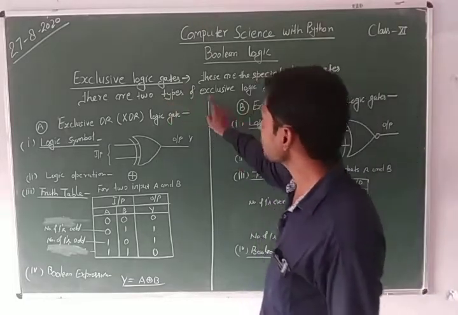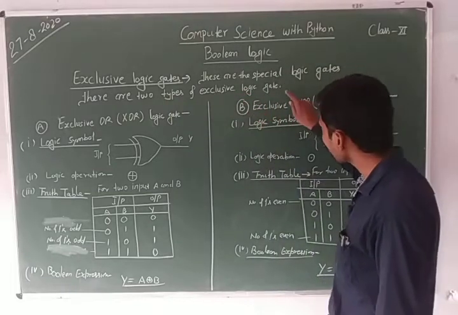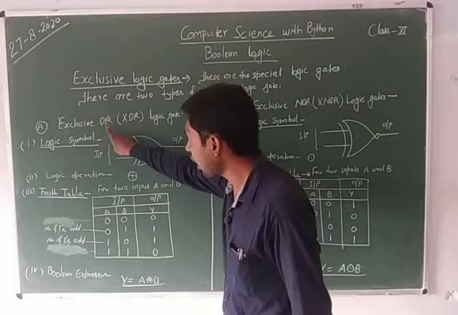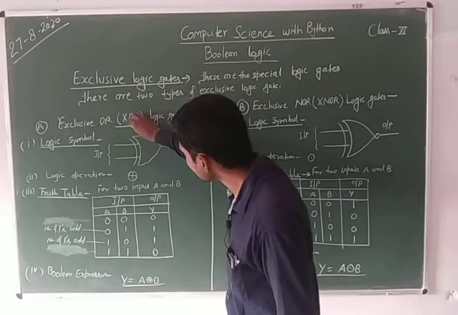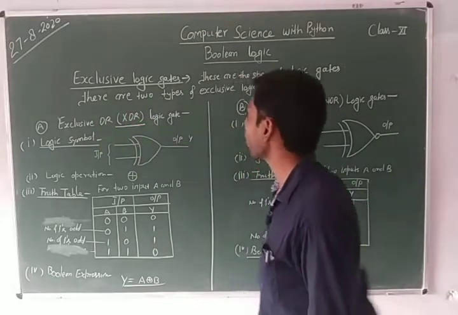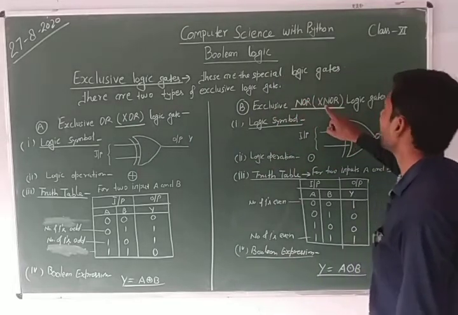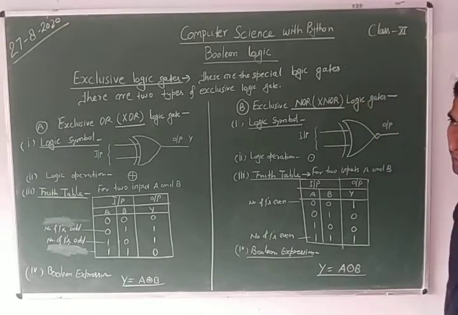There are two types of exclusive logic gate. What are the two types? First, the exclusive OR gate, also known as XOR logic gate, and second is the exclusive NOR gate or XNOR logic gate.